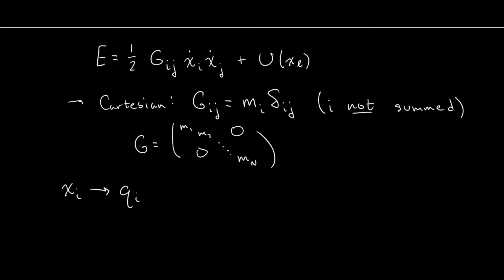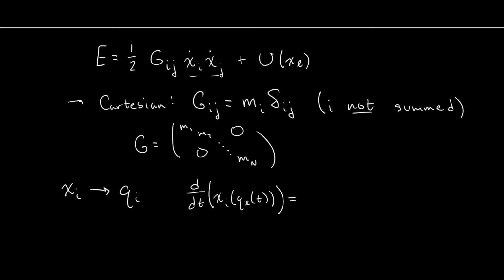I don't care what the specific form of the coordinates are, I just want a general set of coordinates. Well, looking through this, the first thing that I see are these x dots. So what happens to these x dots? I want to look at d by dt of x_i of q_l. Again, I can just apply the chain rule here, where, remember, these q_l's are going to be functions of t.